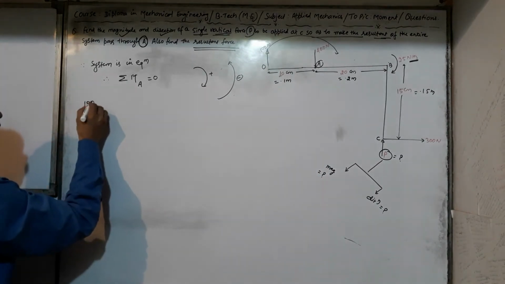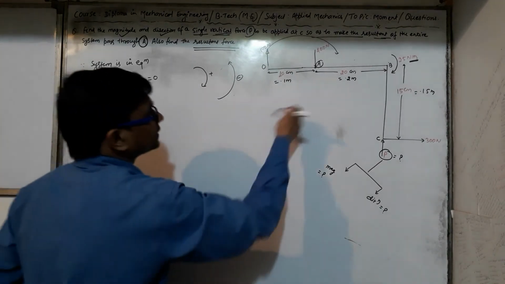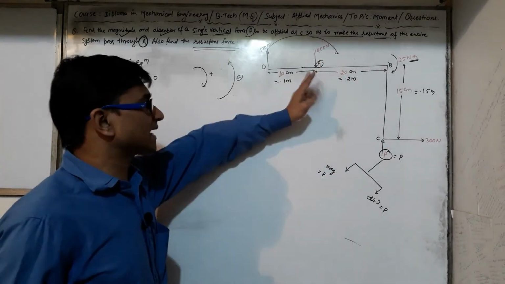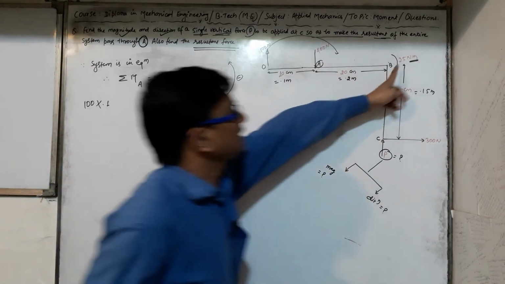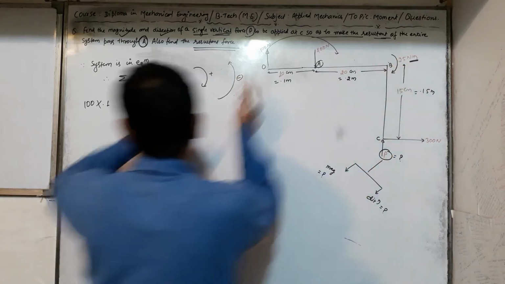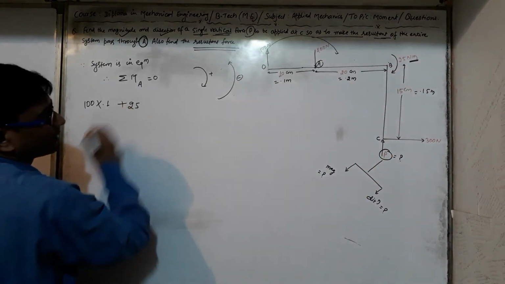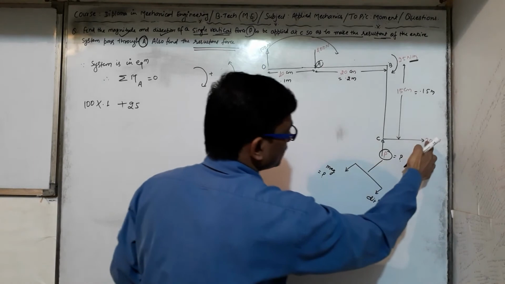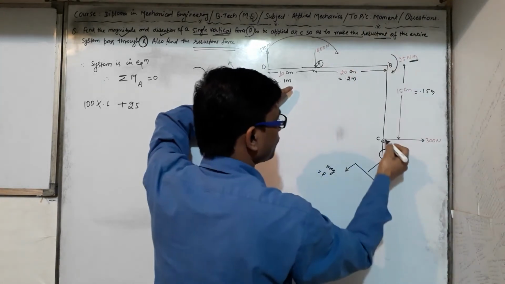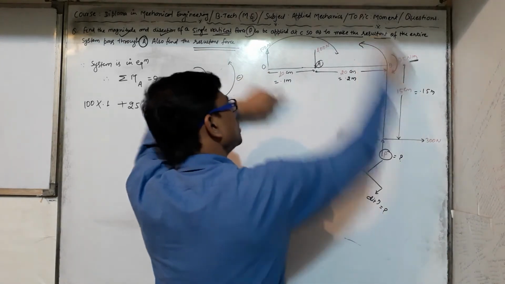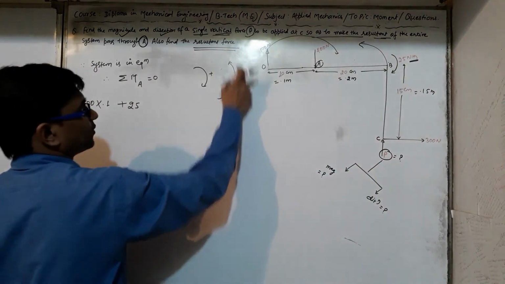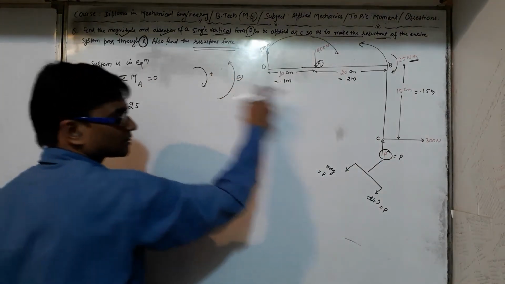So 100 into 0.1. Now, this 400 Newton force is passing through the moment center, so there is no effect to produce any moment. One external moment, clockwise, is 25 Newton meter, so we can add 25 directly. Now the force P acting at point C will produce an anti-clockwise moment about this point A. So we write minus, because I am taking anti-clockwise as negative.